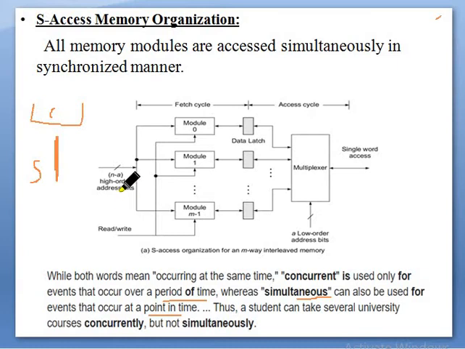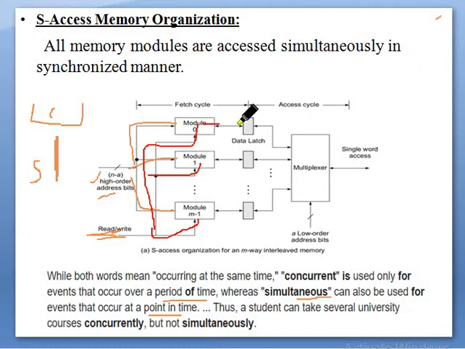See how it works. The address is given, and the address copy is given to each module. Hope you all remember this from chapter 5. We decide which address to give, high or low, and what operation we want, whether only read or write, and from which particular module. Among the data latches only one will be active, because I want to read data from module 0 at that time, so module 1 to module m-1 should be off.